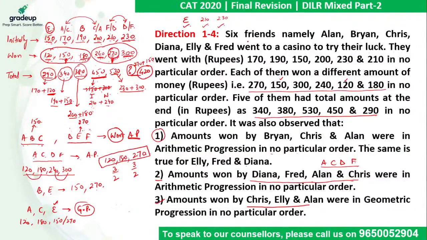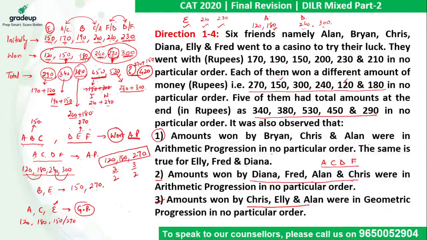So let me write the amount won by these. So one is A, other is D. So the amount won by A can be 120, or the amount won by A can be 180. Likewise, the amount won by D can be 240 or it can be 300. If the amount won by A is 180, its double will be 360, which will not satisfy any of the two cases.